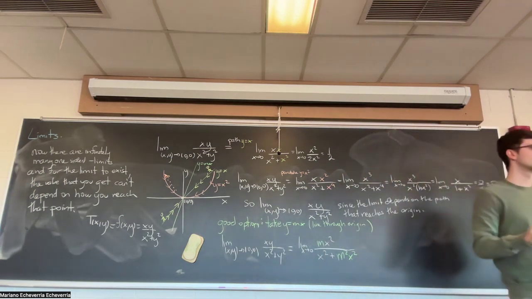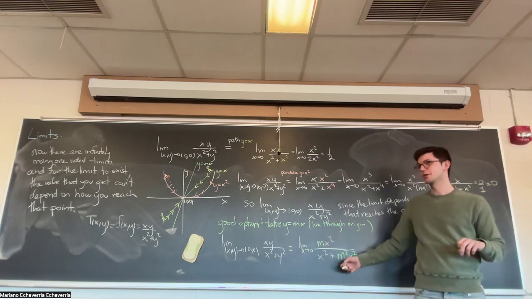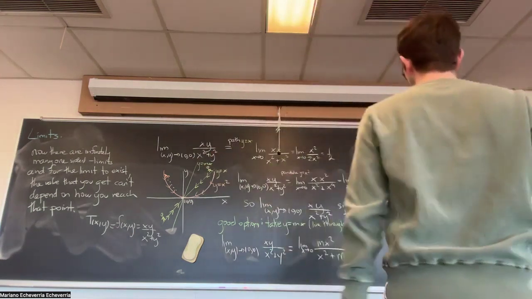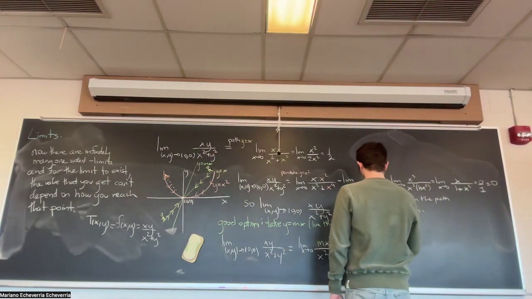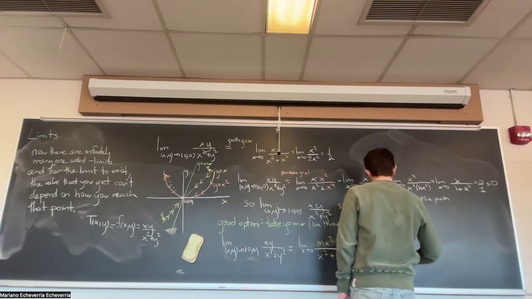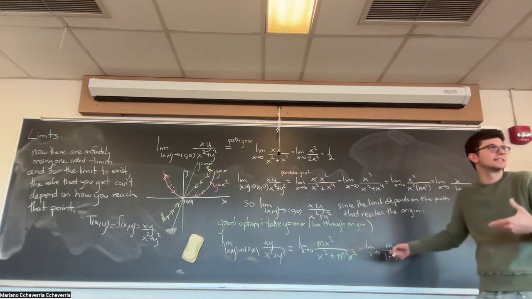That's what happens when you replace y with mx. Now both the numerator and the denominator have a factor of x squared, so you can get rid of the x squareds. This no longer depends on x, so there's really no limit to evaluate. You can just say that's the answer.